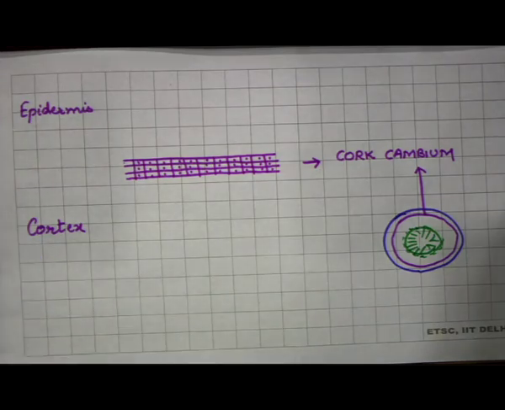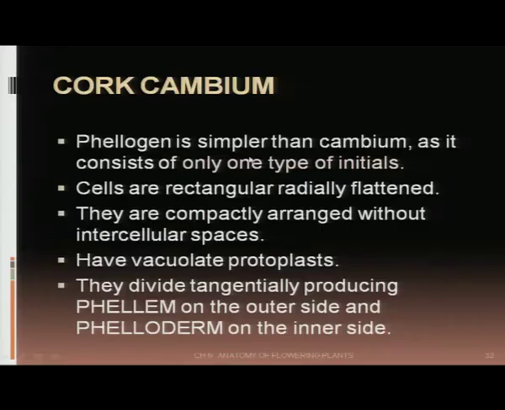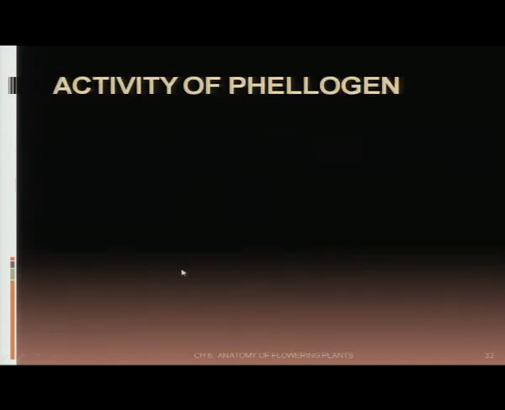That is what is written here, that the cork cambium cells divide tangentially producing cork on the outer side, and phelloderm on the inside. Phelloderm is also known as the secondary cortex.